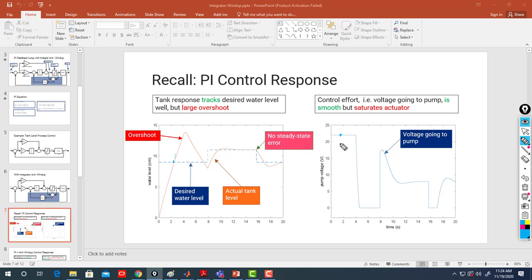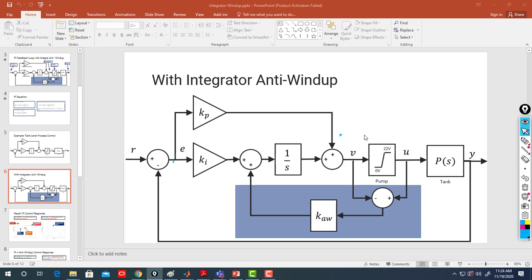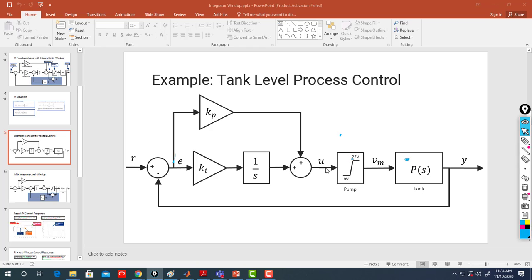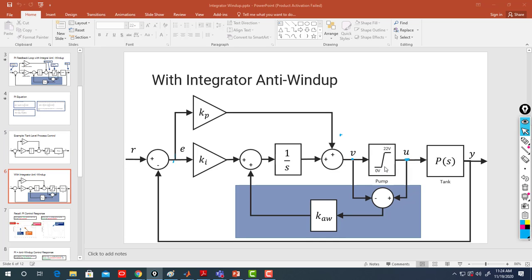Because the control signal here, the pump voltage output saturation, is not the same as the command before it. It's the pump voltage here. What you are seeing is here, not there. Here's the correction: here the point Q, and here the motor voltage.